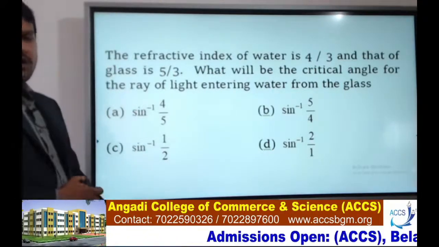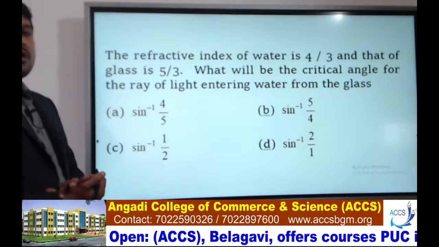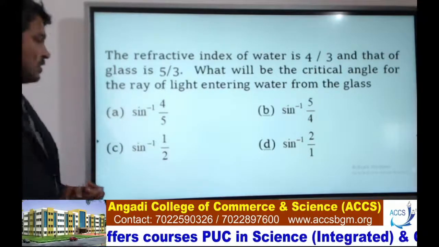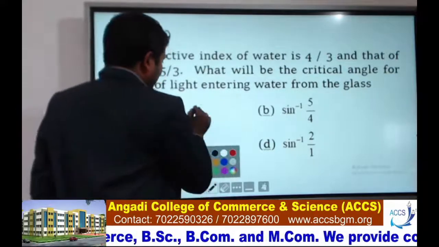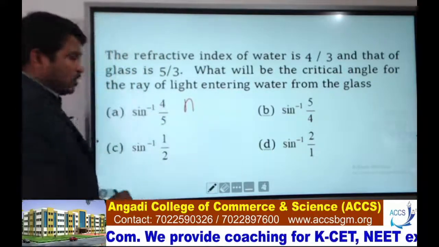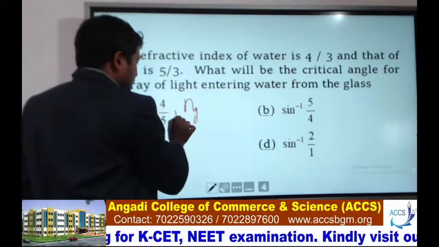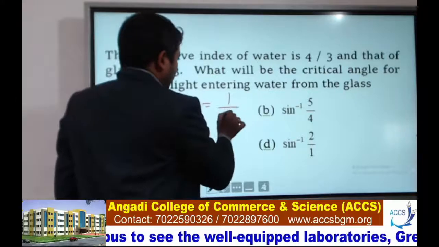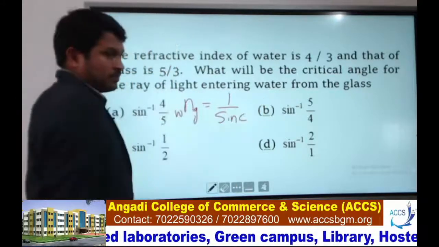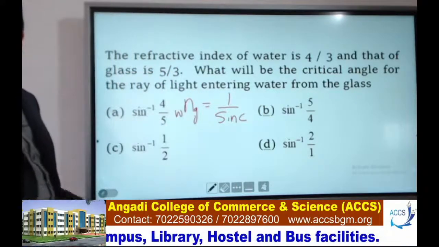Yes or no? Water to glass it is entering. What is the critical angle formula we have, students? That is refractive index of glass with respect to water equals 1 divided by sin C. What is that? 1 divided by sin C.